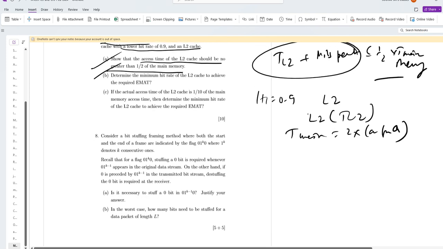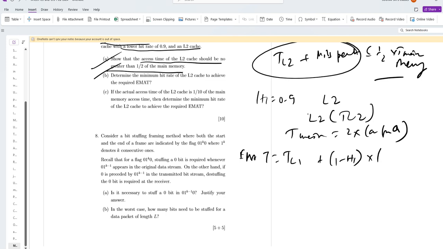So we now know that EMAT is T L1 plus (1 minus H1) into (T L2 plus miss penalty). So for the EMAT to remain the same, we can set it equal to the EMAT of the original design, which we will assume to be 1. So 1 equals 0.95 into T L1 plus 0.05 into T main memory.